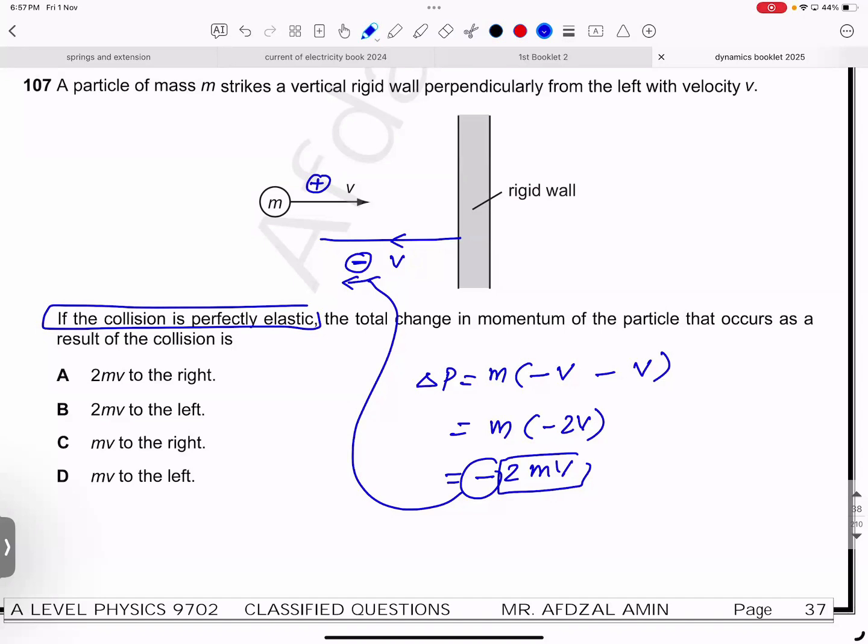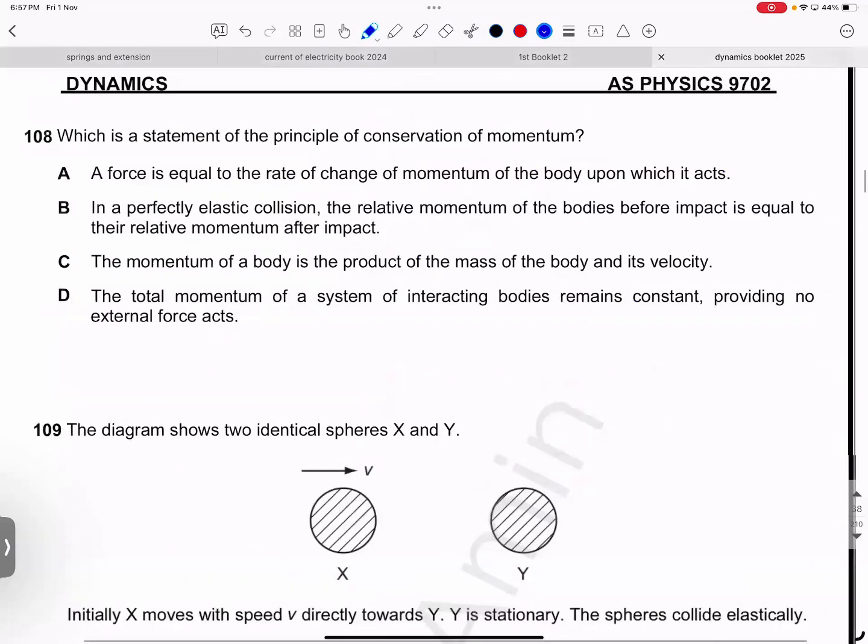I think you are confused. Initially it was from the left, that is, to the right. So the answer is 2MV to the left side. B. Make sense? Sure? 108.